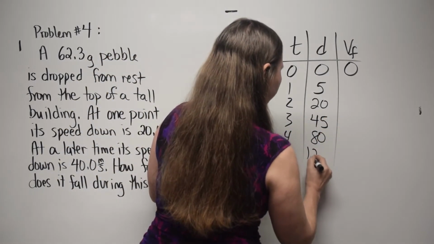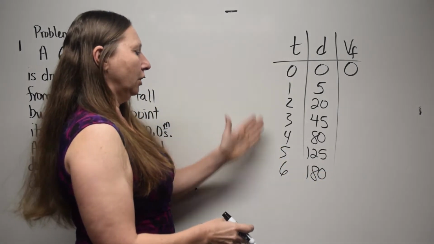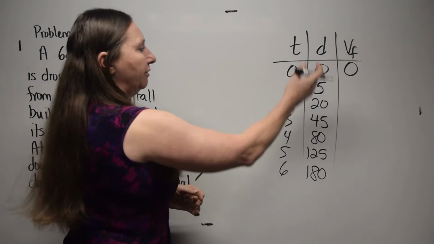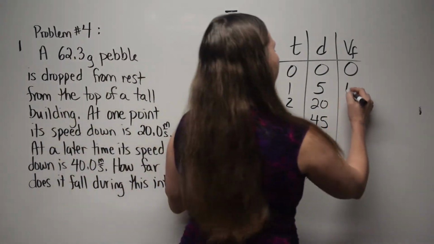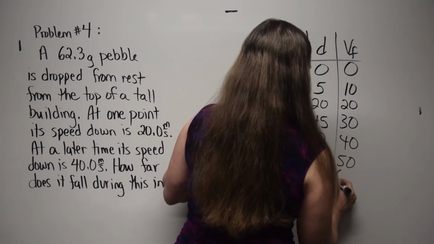You want to have some sense of how far things fall, how long it takes them to fall, and how fast they're going. 10, 20, 30, 40, 50, 60.